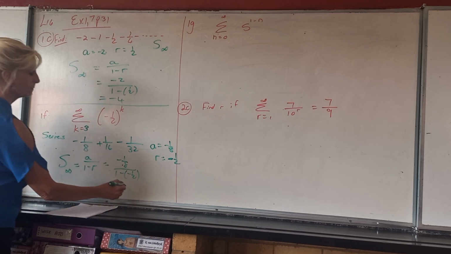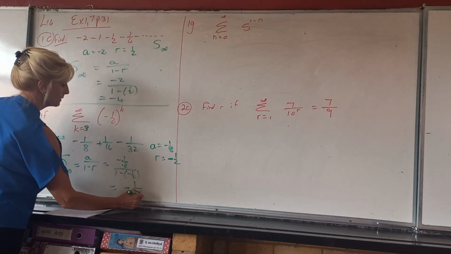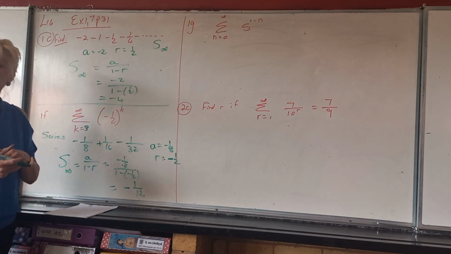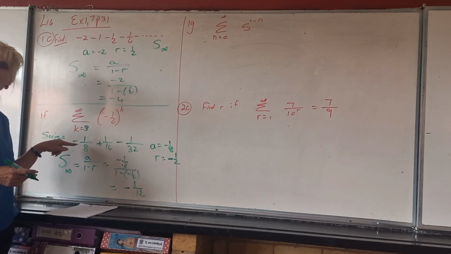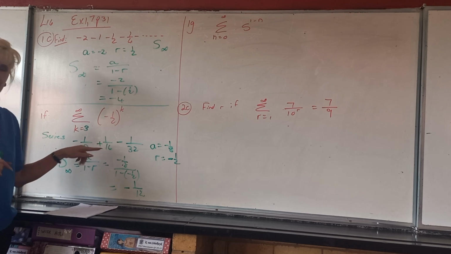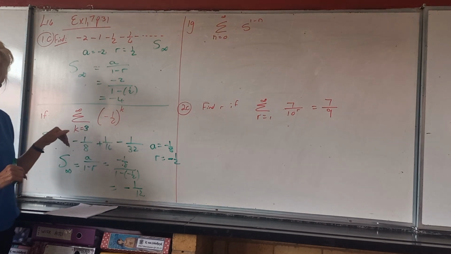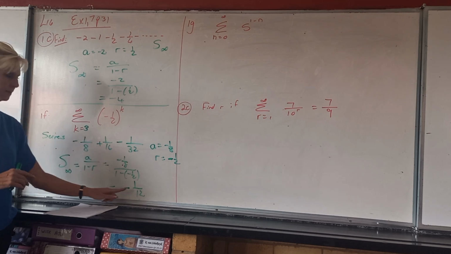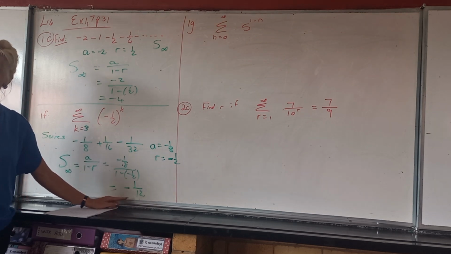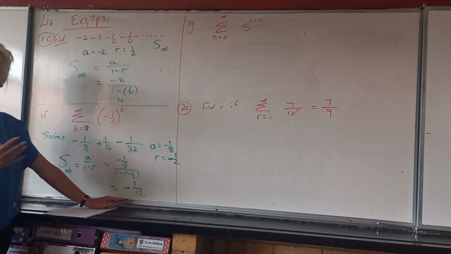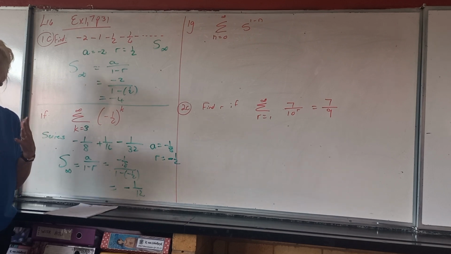Negative 1 over 12. Does it sound right? Very small things get added, then I take away a little bit, and I add a little bit, and I take away a little bit. If this answer was something like minus 4, it wouldn't make sense. Just logic.